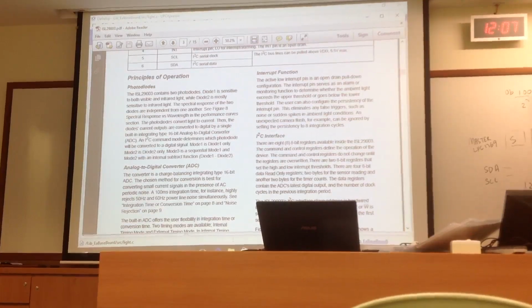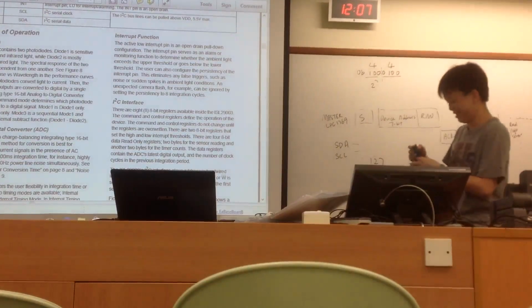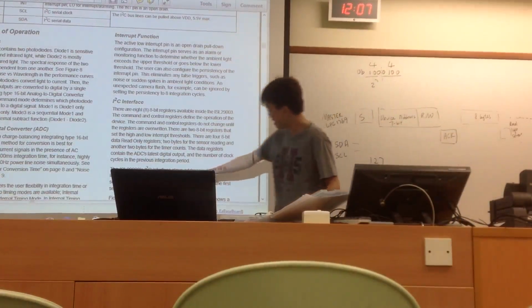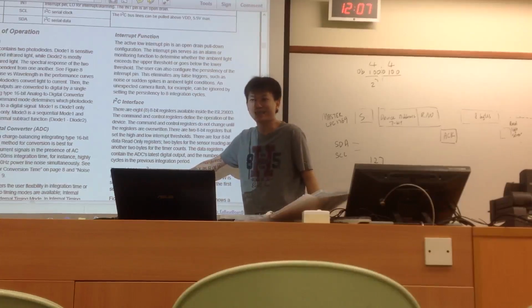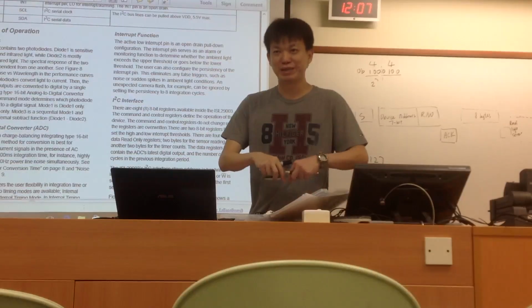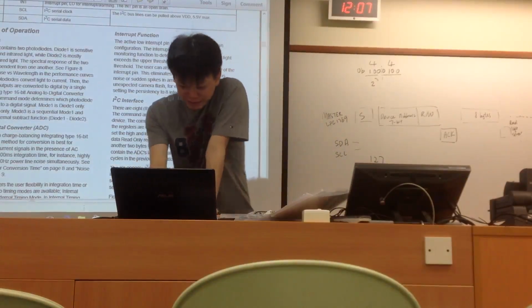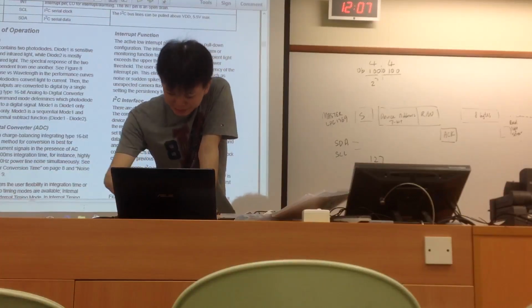So this is 4. This is 4. Right. Information is here. Of course, they built the library, so you may not notice. The information, everything is here.